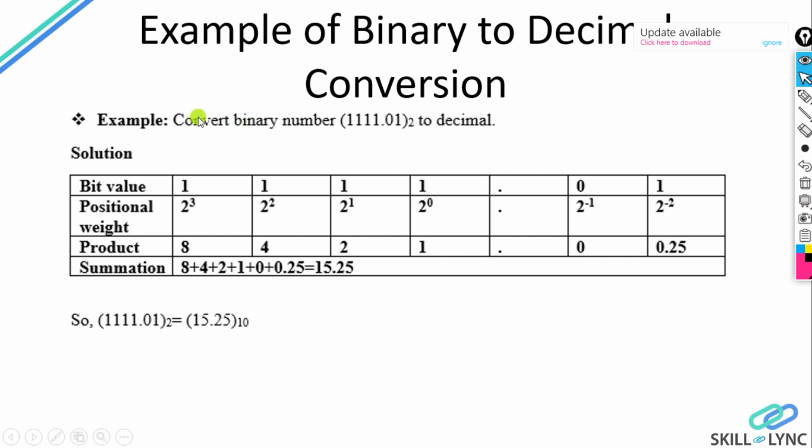Although it is mentioned over here binary to decimal, anyhow, if it is not mentioned you can easily get to know it is binary by looking at the base present over here, because it is 2. The very first thing is you will write down the value over here, 1111.01.